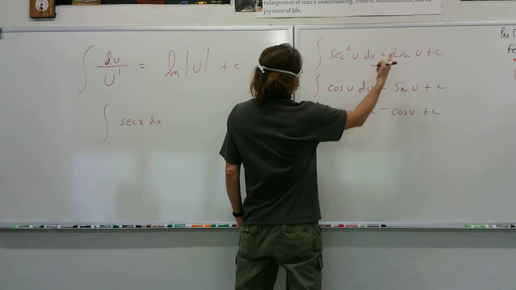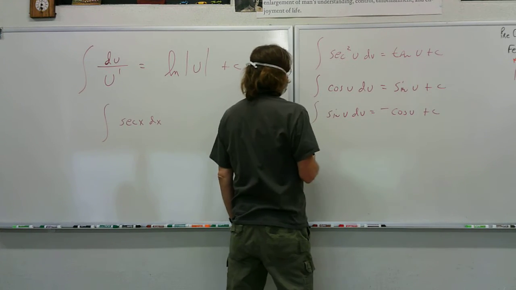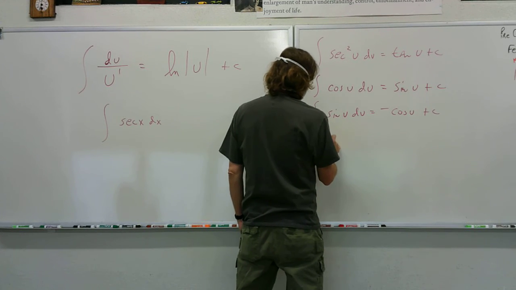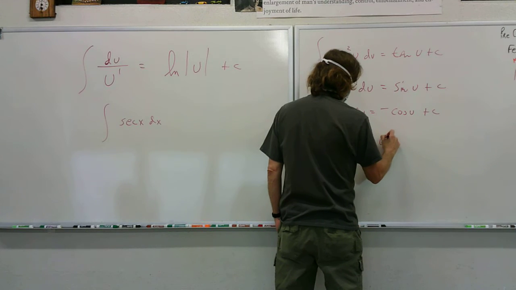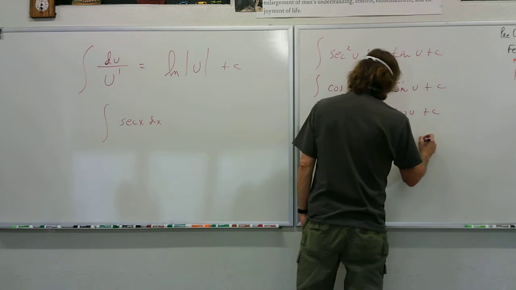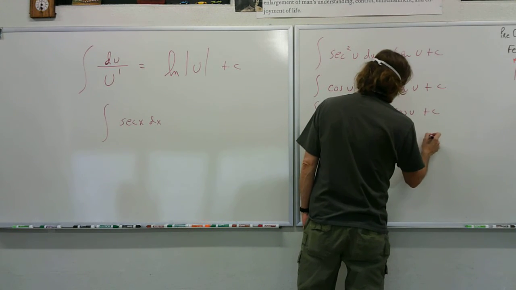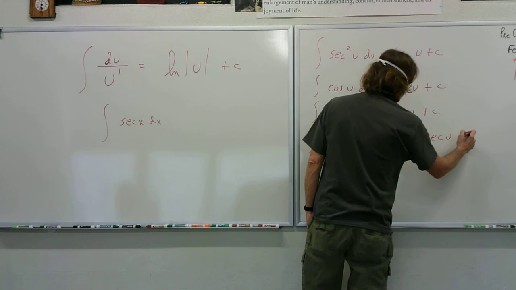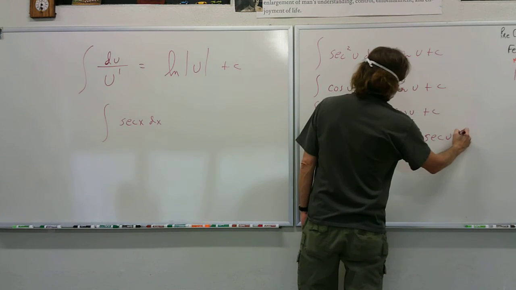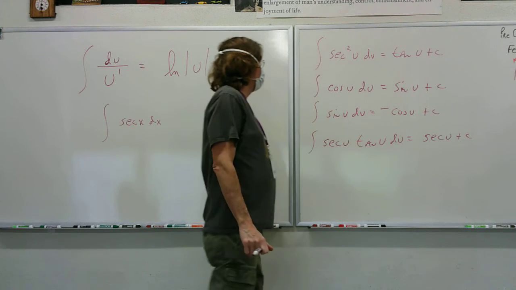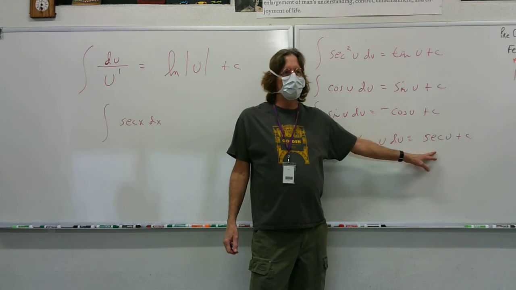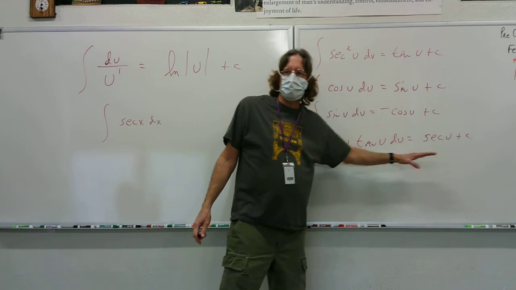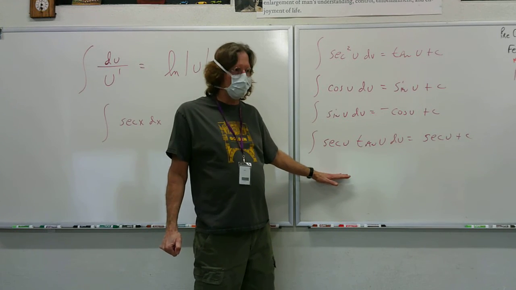And when you took the derivative of tangent u, you got that. Secant u tangent u du came from just taking the derivative of secant u. And what you'll notice, if you read these from left to right, they're integral rules. But if you read them from right to left, they're what? Derivative rules.